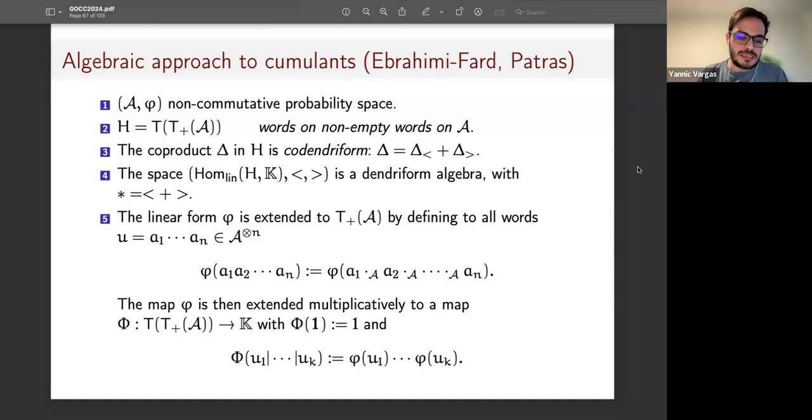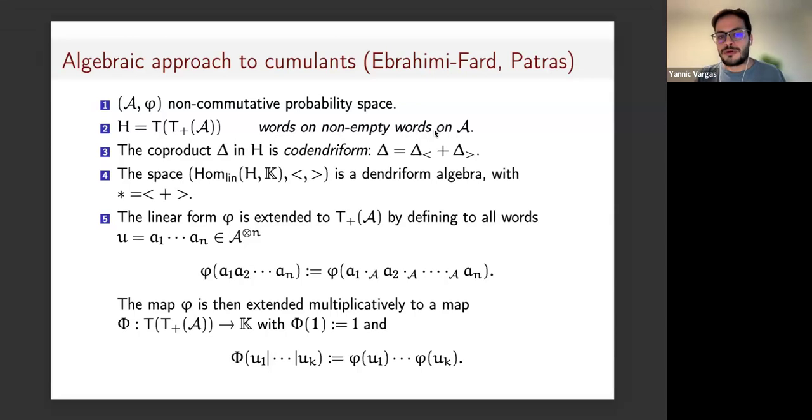You take this Hopf algebra of non-empty words. I start with a non-commutative probability space, any one. Now the role of V before is played by A. So I calculate the double tensor algebra on A, meaning that I construct words using the letters of my algebra of non-commutative probability space.